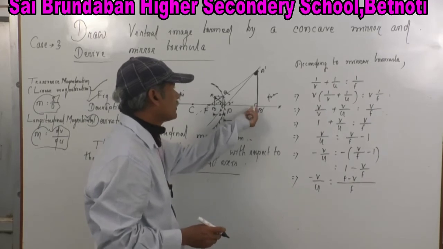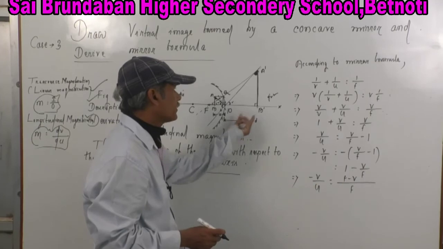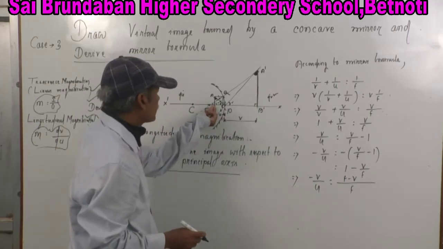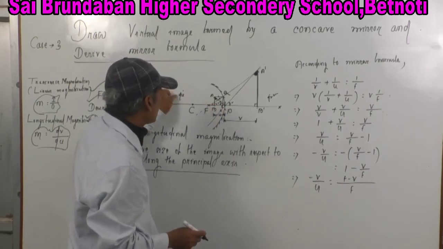So this is dv, because it is a part of v, that's why it is dv, and this is a part of u, so that's why this is du.